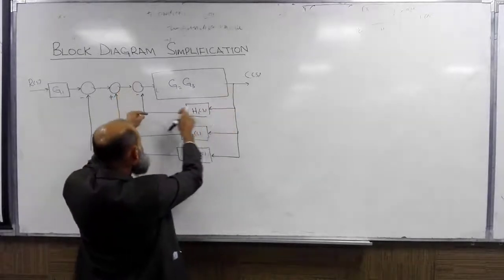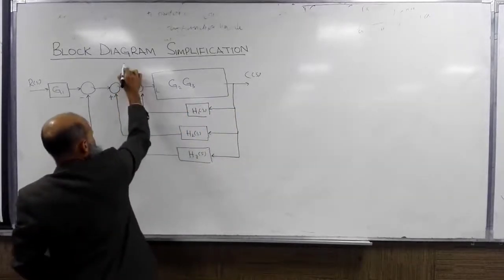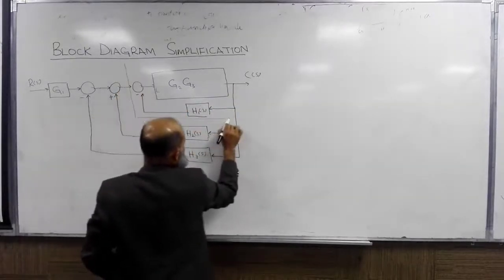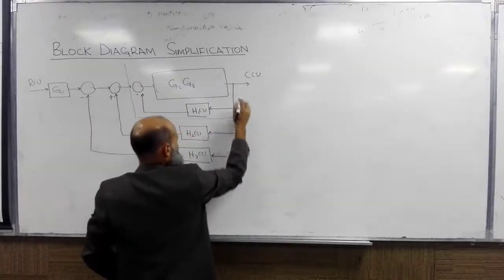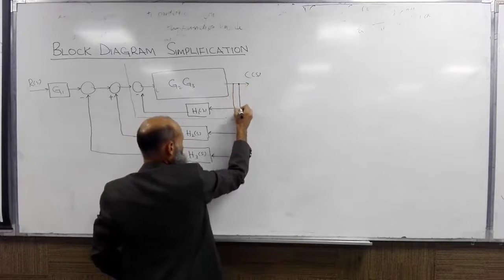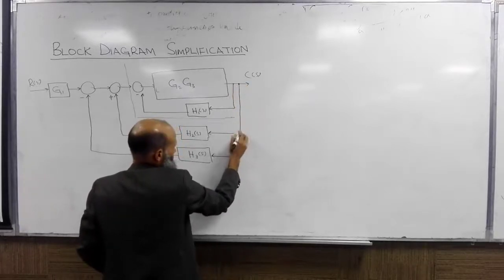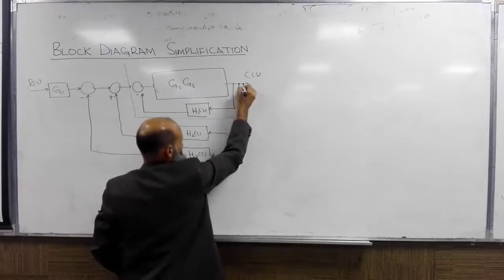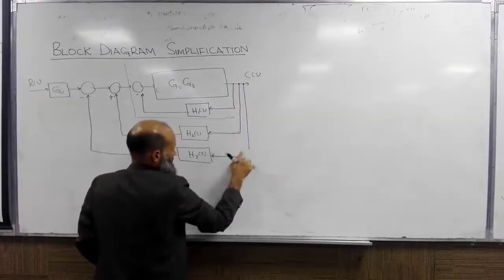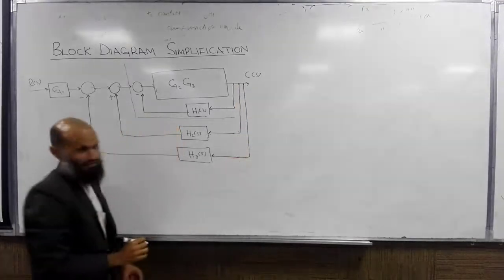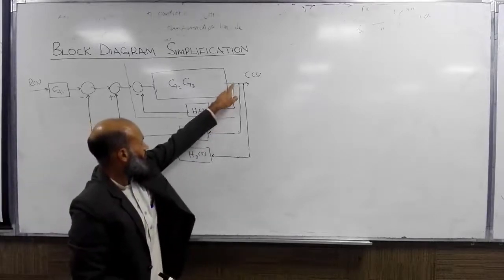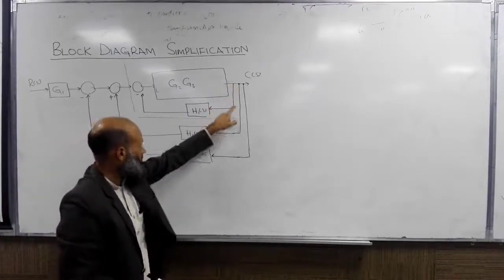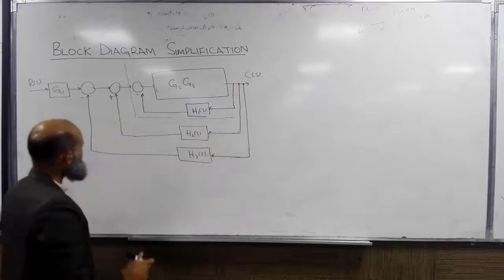Here we have a feedback connection, so we can remove this part. If we bring it over here, it doesn't make any difference, because the signal which was coming over here previously is the same.